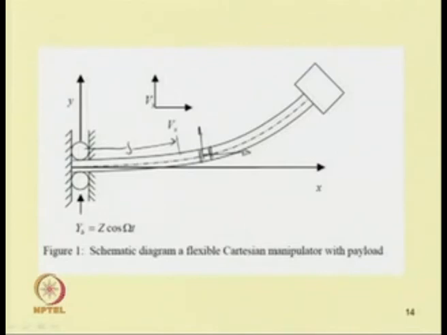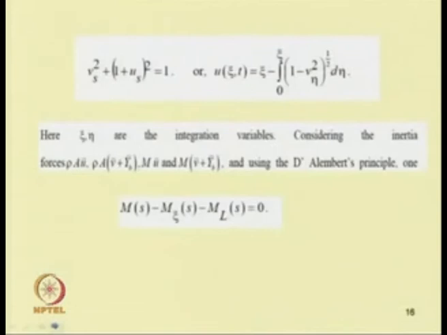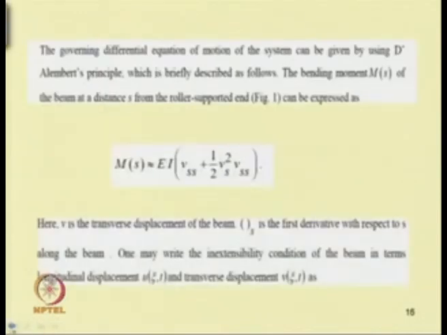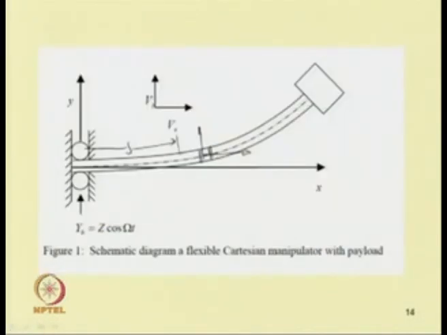Taking those inertia forces, we can find the moment at a distance zeta. One can find this bending moment. First we can find it for a single element, then we can find it for the entire beam by integrating that. Also one can find the moment due to this end load.